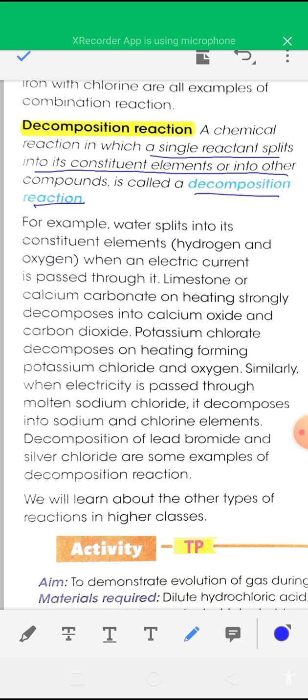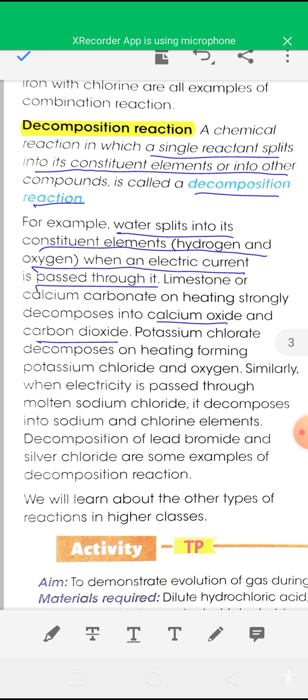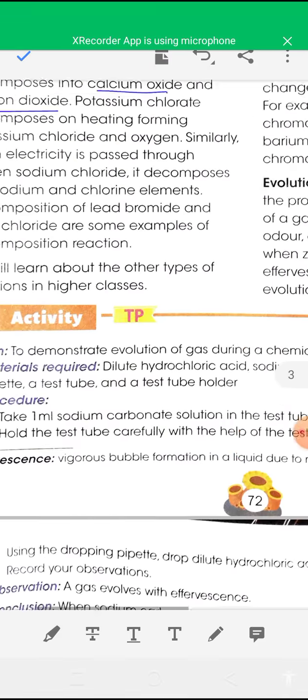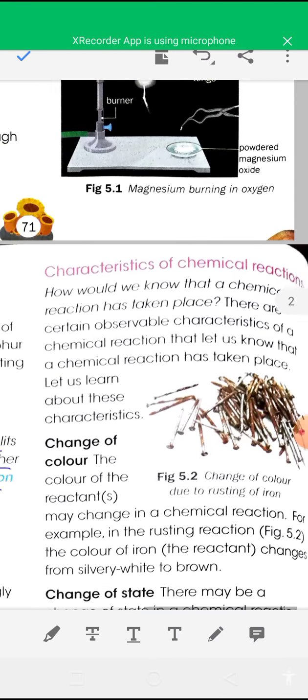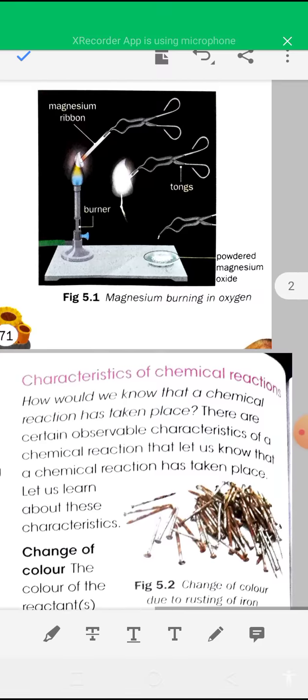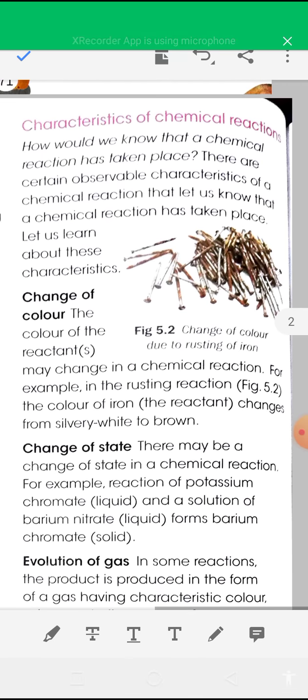For example, water splits into its constituent elements hydrogen and oxygen when electric current is passed through water. Similarly, limestone on strongly heating decomposes into calcium oxide and carbon dioxide. So these are some examples of decomposition reaction. Okay, and in your syllabus only combination reaction and decomposition reaction are given.